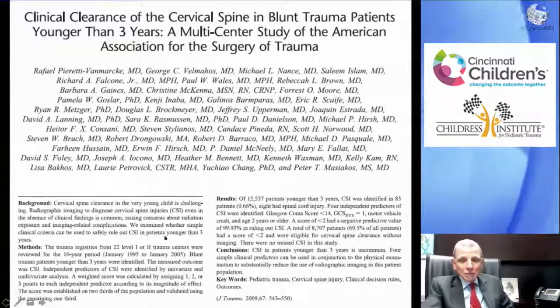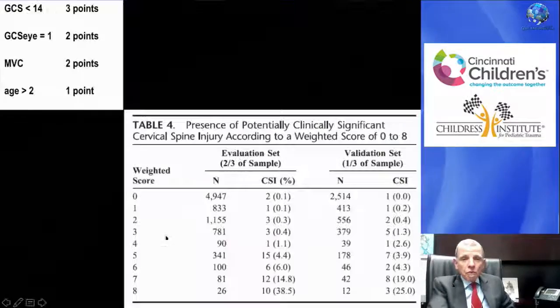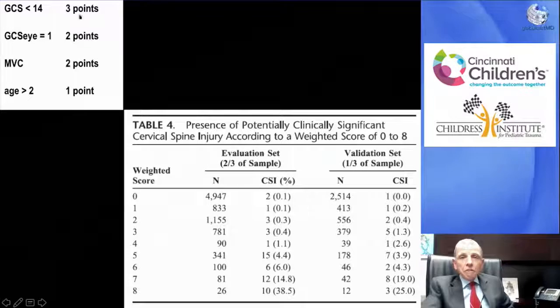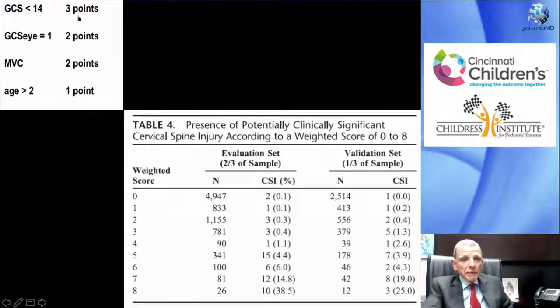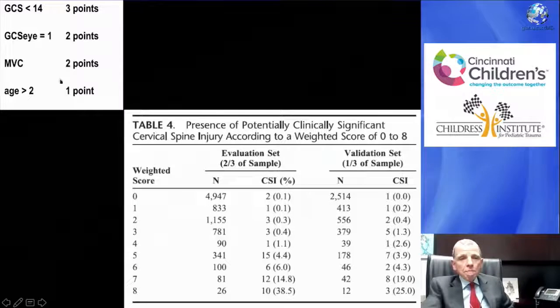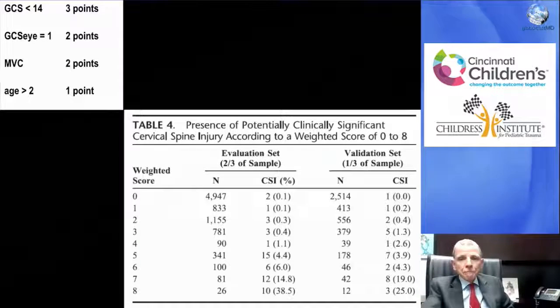And they developed a score for identifying children with significant cervical spine injury. You get 3 points if you have any depression of your level of consciousness, additional points if you're not opening your eyes, 2 points if you were in a car crash, and 1 point if you're under 2 years of age. The study group was under 3 years of age. If you're under 2 years of age, you get a point for that.